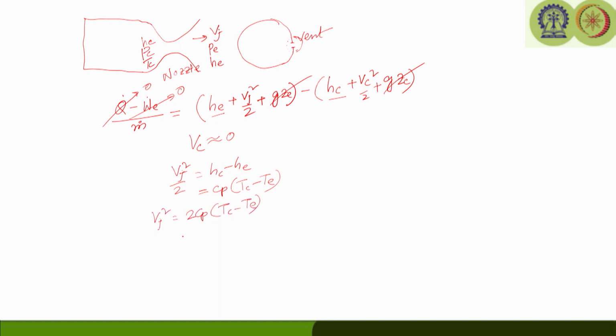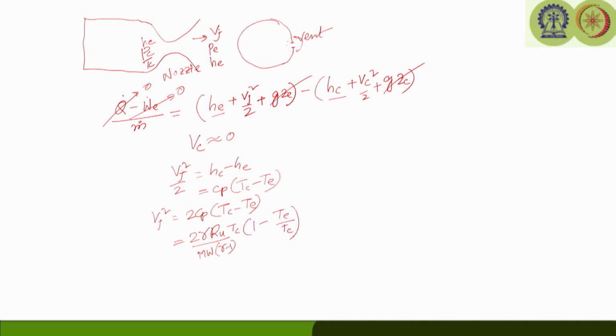We know Cp: we can write 2 into gamma universal gas constant Ru by molecular weight into gamma minus 1, because Cp equals gamma R by gamma minus 1. Then we can write Tc outside, 1 minus Te by Tc.